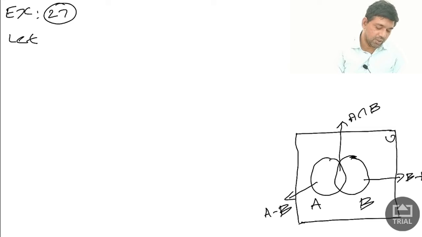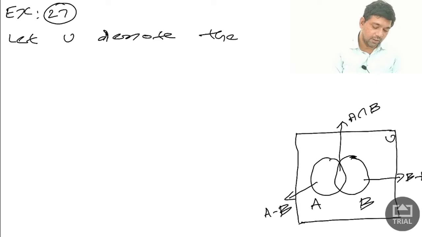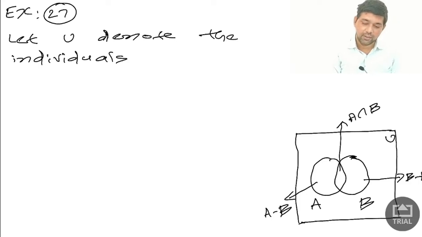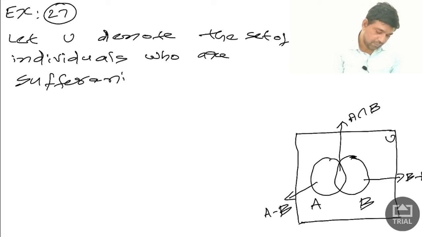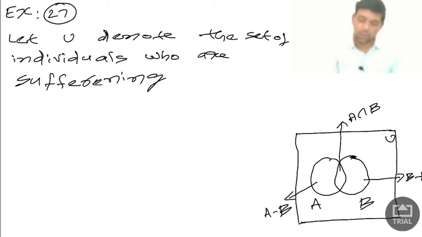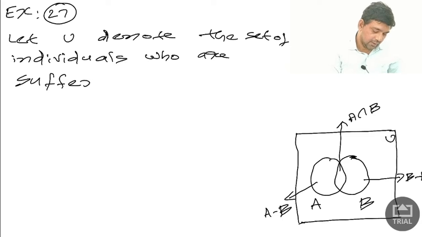So let U be the universal set, denoting the individuals who are suffering from some skin disorder.